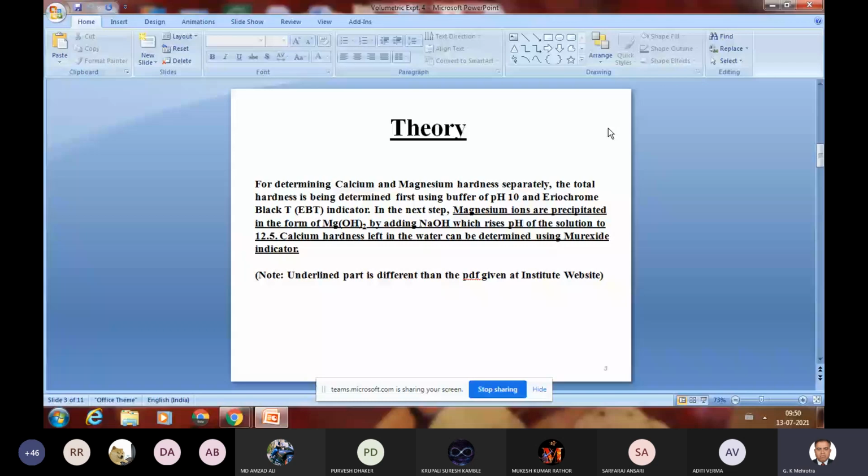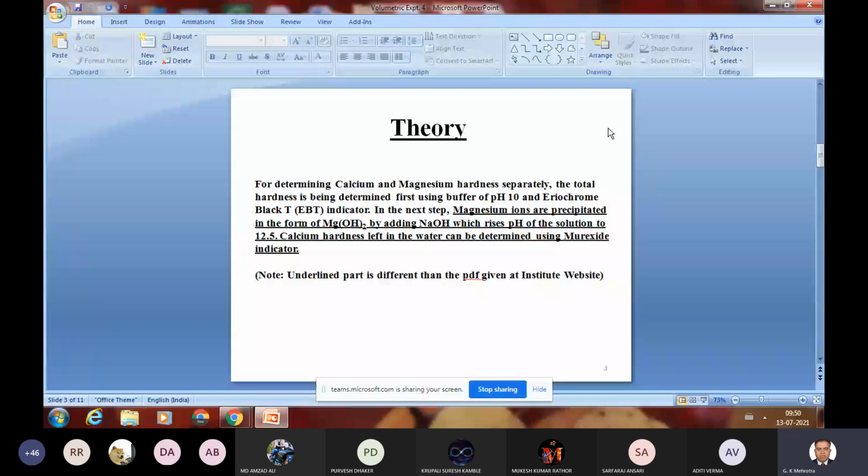Obviously, the metal ion which binds more firmly with the indicator, in this case EBT, will leave at the last moment. It is very revealing that there is competition between calcium and magnesium also.